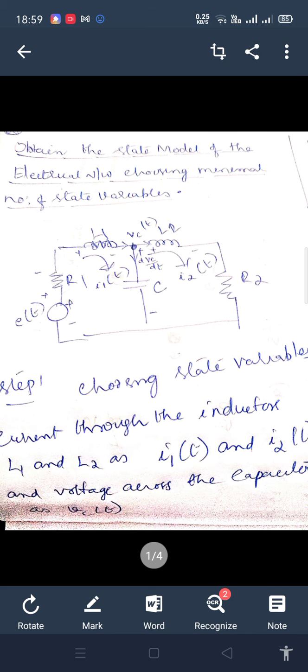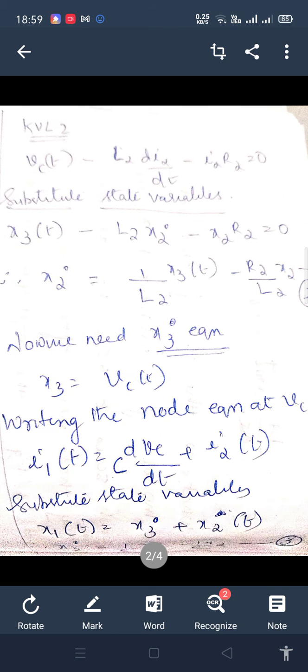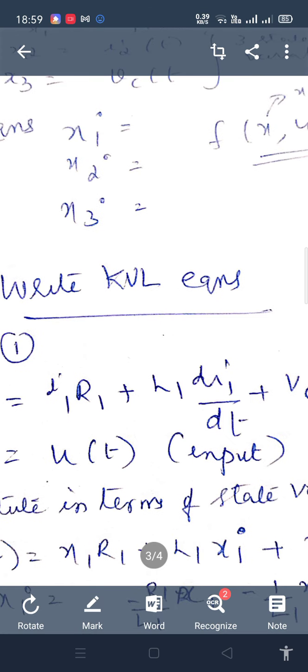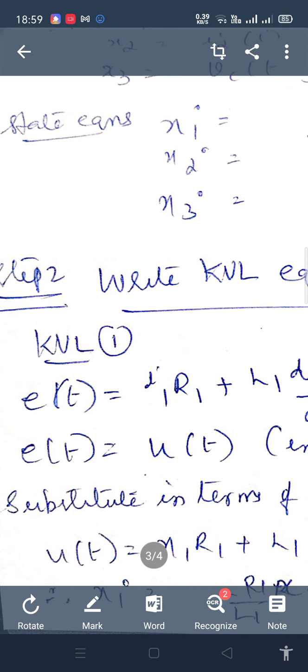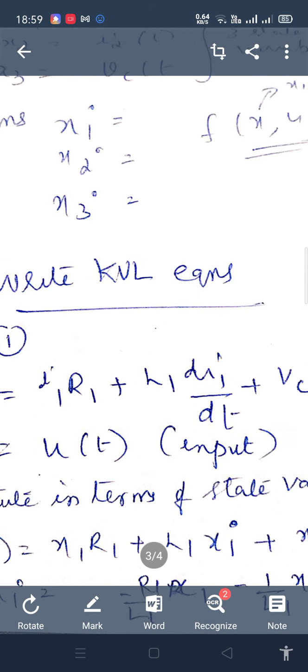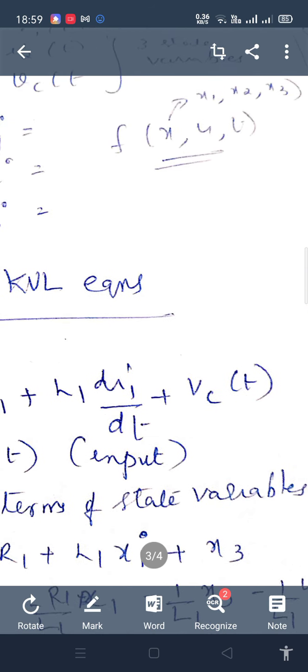Next we have to write the KVL equation. From the first mesh we can write E of t is equal to I1 into R1 plus L1 into di1 by dt plus Vc.